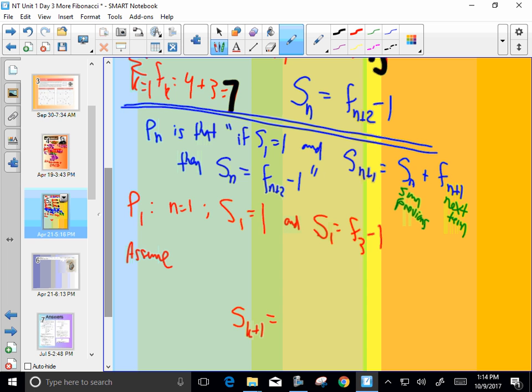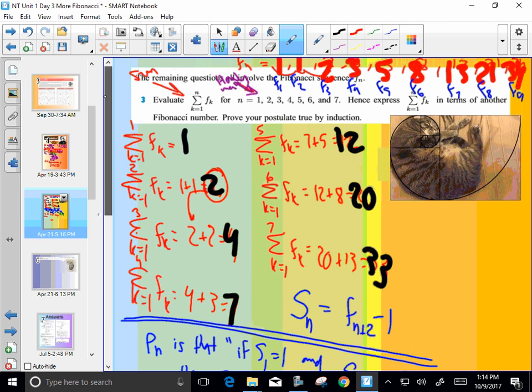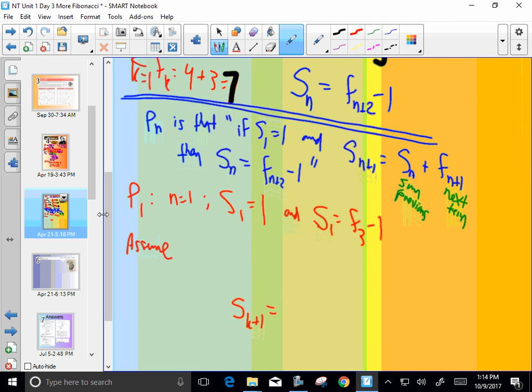What's the third term in the Fibonacci sequence? 2. So this is equal to 2 minus 1. Is that equal to sum 1? Therefore, true for n equal to 1. I like it. Works good.